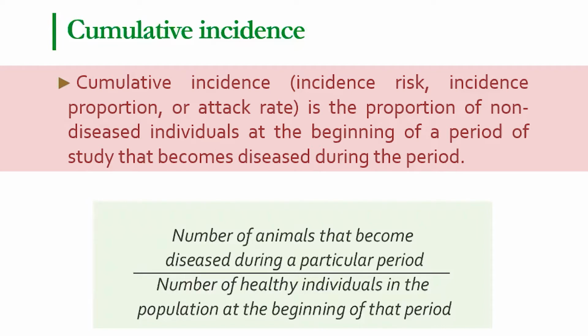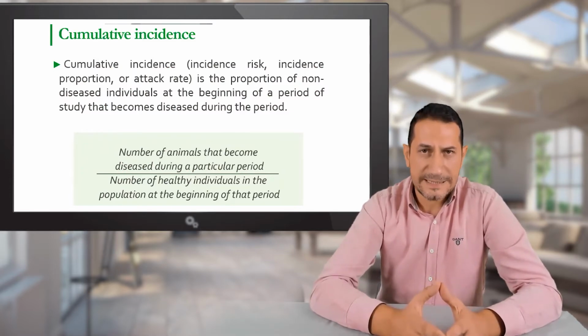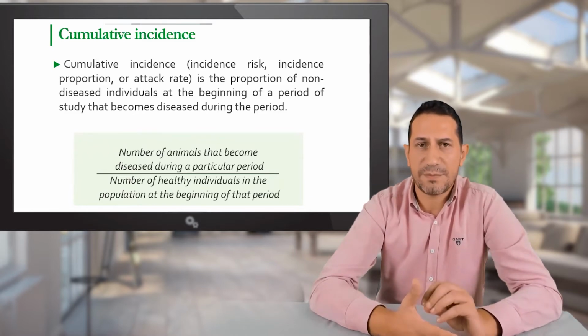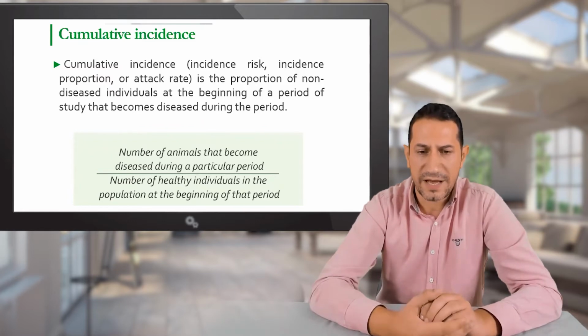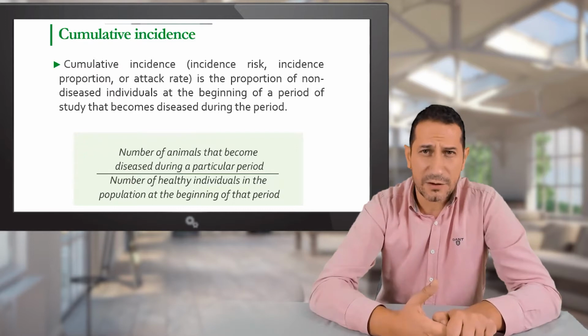It's a proportion of non-diseased individuals at the beginning of the study period that become diseased during the time we follow them up. The calculation for the cumulative incidence is the number of animals that become diseased during a particular period over the number of healthy individuals in the population at the beginning of that period.